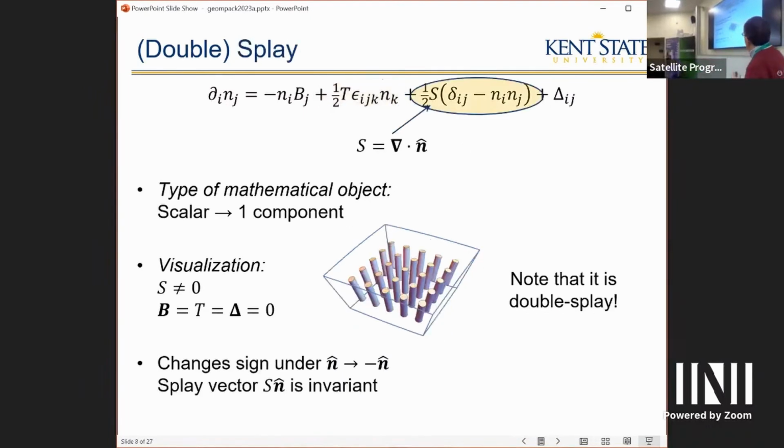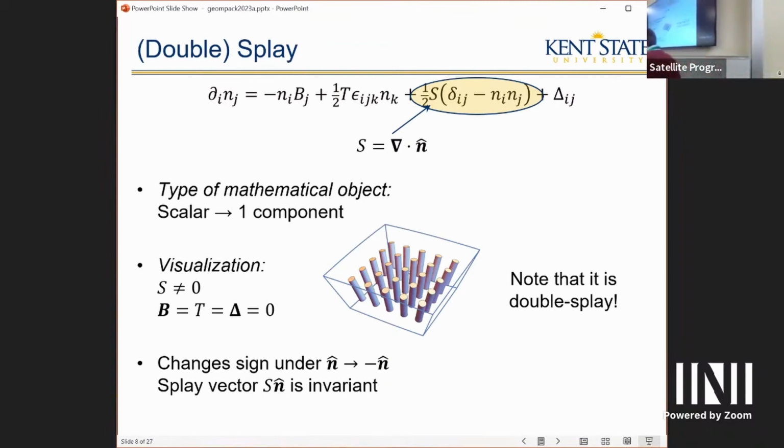Okay. Third component is called splay and is defined as the divergence of n. Okay, that represents a deformation that is going outwards like this, the same all the way around, right? So the director in the middle is up, goes out. It's the same all the way around, again, because it's a scalar. It has to be the same all around. It has only one power of n.